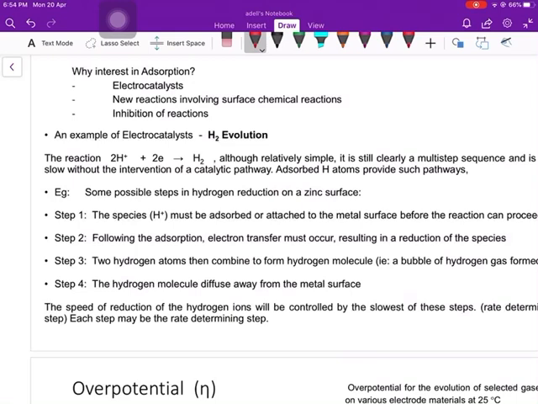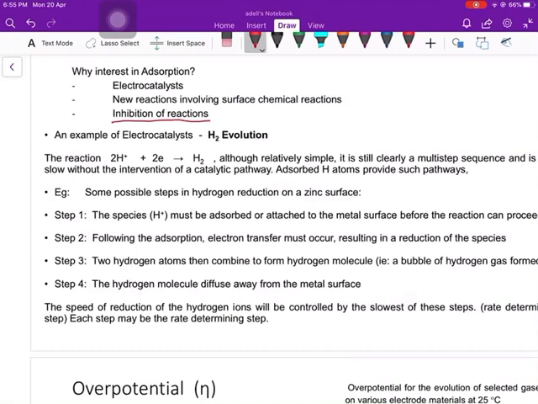When a species adsorbs on the electrode surface and the product can inhibit further reaction at the electrode, we call it an inhibitor.